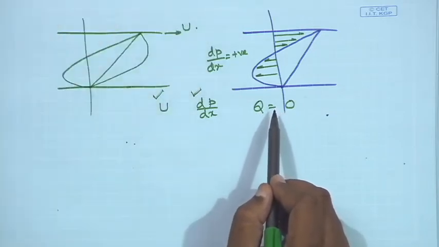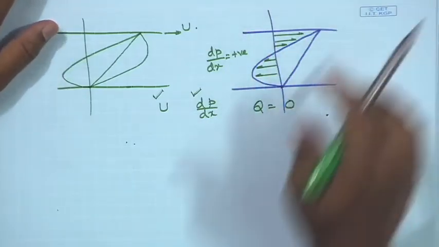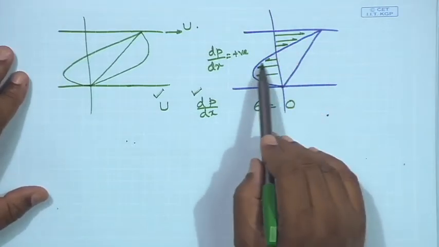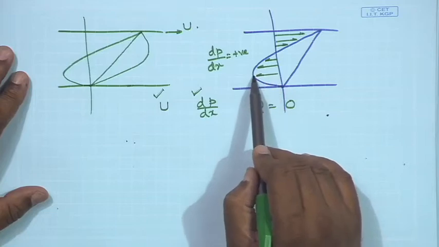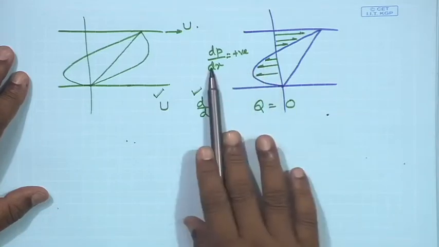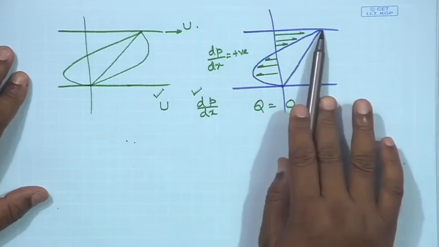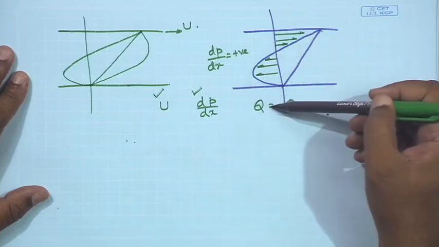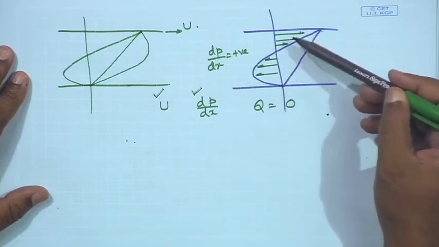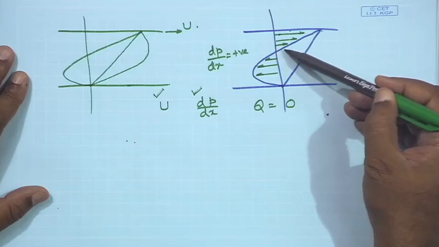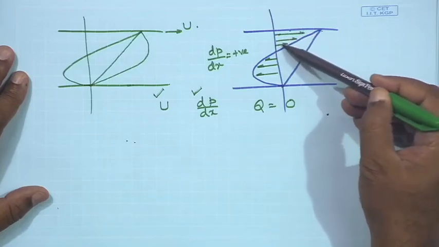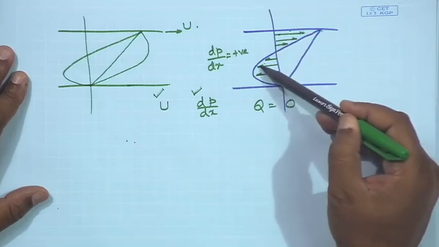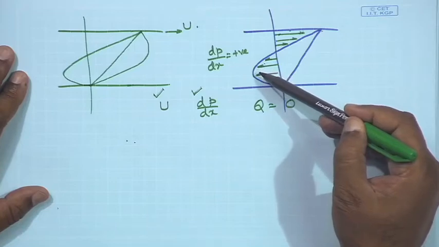This is really an interesting thing to see, and as I have drawn here, the flow towards the bottom is going to be in this direction, towards the top it is going to be in this direction. But in order for Q to be 0, the algebraic sum of the flow rate here and here must be equal and opposite.